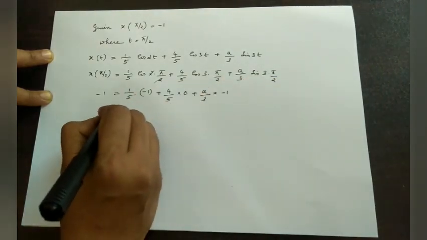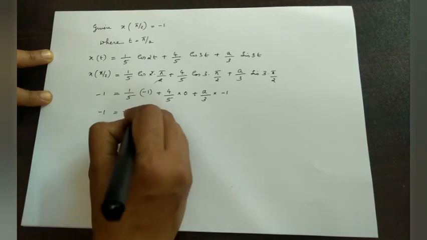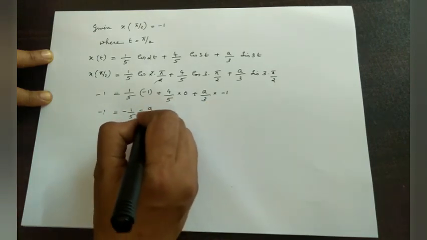That is minus 1 is equal to minus 1 by 5 minus a by 3.